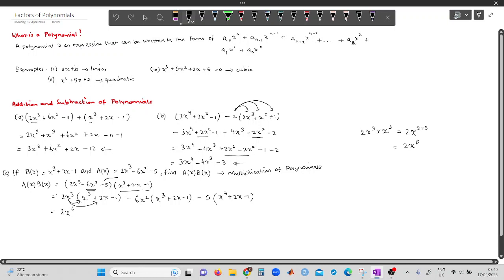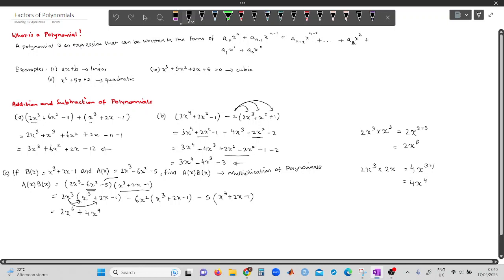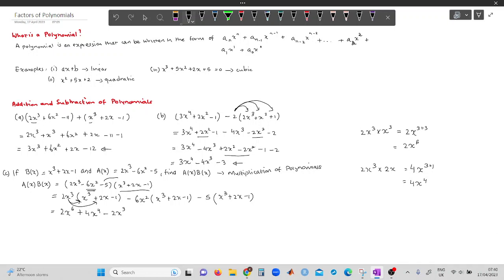For the second one, 2x cubed times 2x. This will give me 2 times 2 gives me 4. X cubed times x will give me x to the power of 3 plus 1, which gives me x to the power of 4. So just be very careful when you're expanding. C'est très facile de faire des fautes ici. Ok, donc the first one, fini, simplifié. Il reste comme ça même.